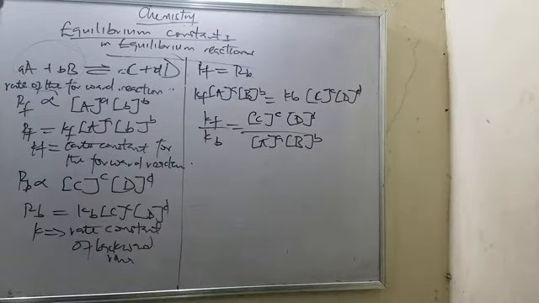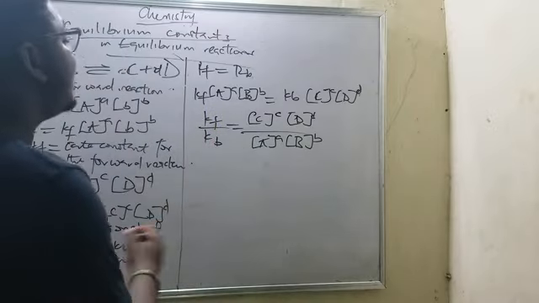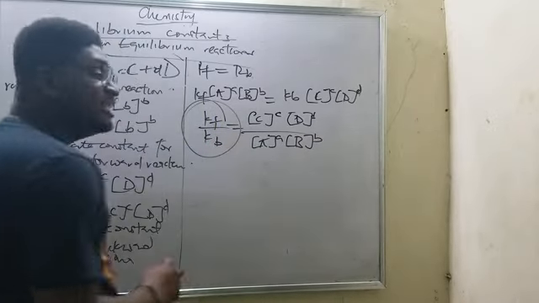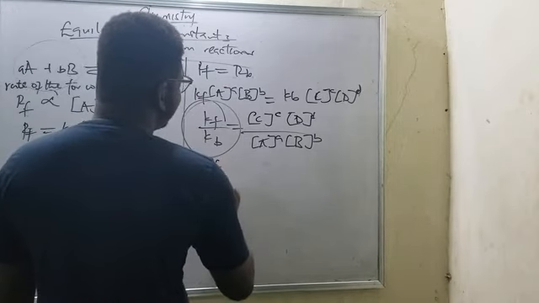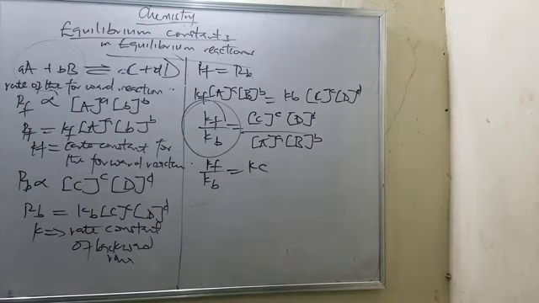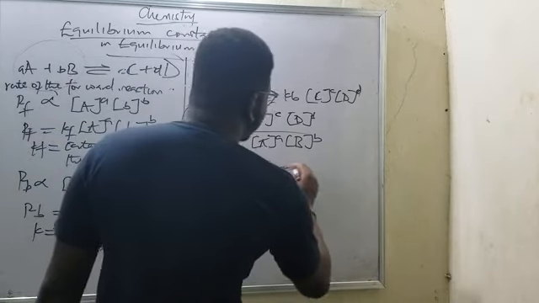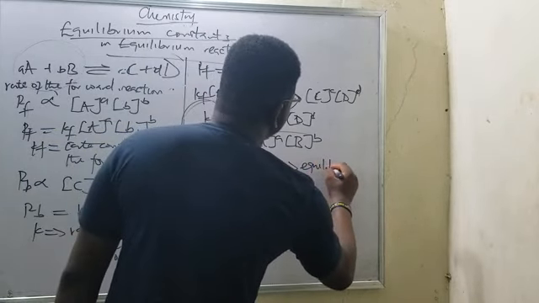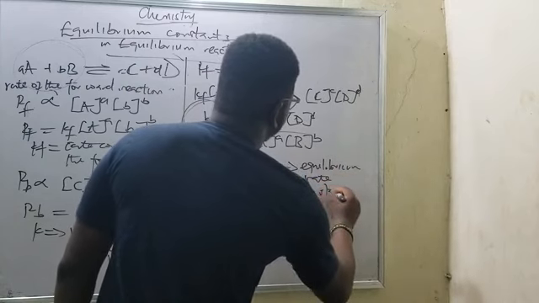This is what we'll be having if we do our mathematics well from there. Then it is realized that this needs to have a uniform value. So we say Kf over Kb is equal to Kc, where Kc is our equilibrium rate constant.